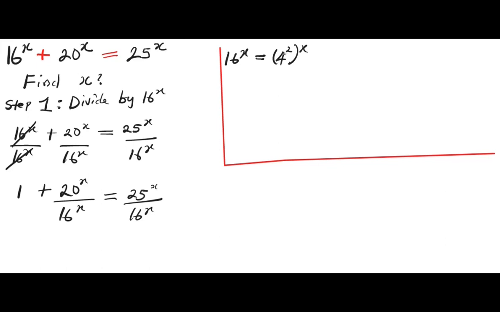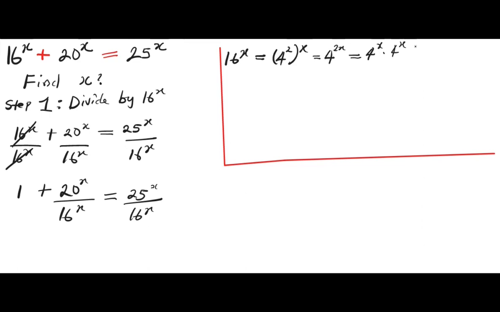So 4 raised to the power of 2 is 16, and you have this x here, so it's the same thing, right? And this can also be written as, you multiply the index, so you have 4 raised to the power of 2x. And this also can be written as 4 raised to the power of x times 4 raised to the power of x, okay?